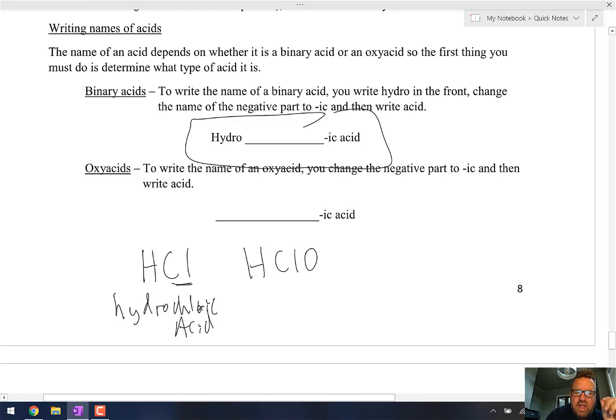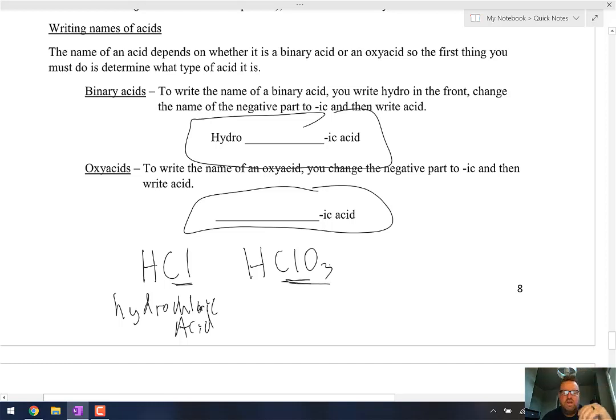If it's an oxy acid, then you do not put hydro in the front of it. You just take the name of this, which is chlorate. Look at your previous lesson on ionic compounds, where we learned that ClO3 is chlorate, and that just becomes chloric acid. Notice the difference. The binary acid has hydro in the front of it. The oxy acid does not, and that's the key right there.